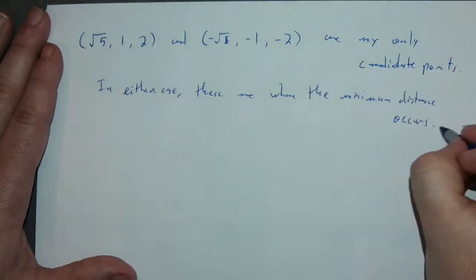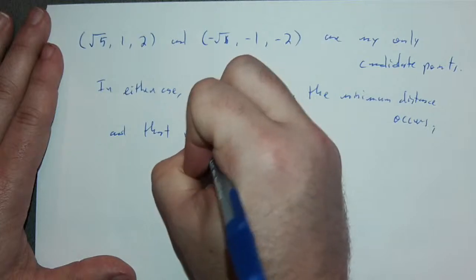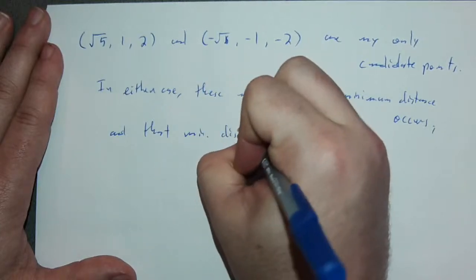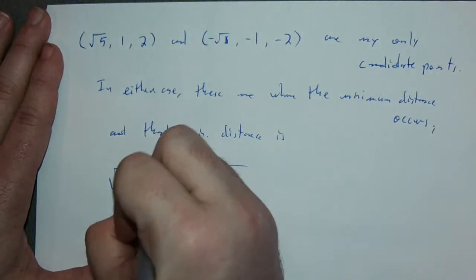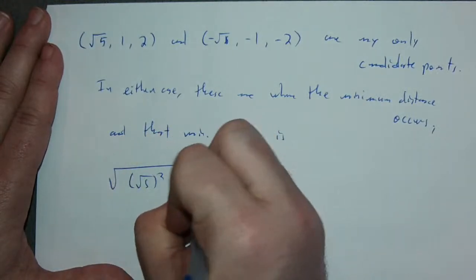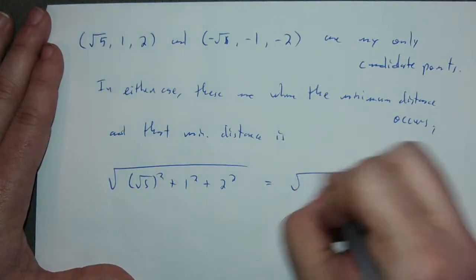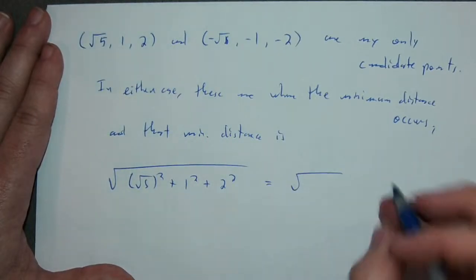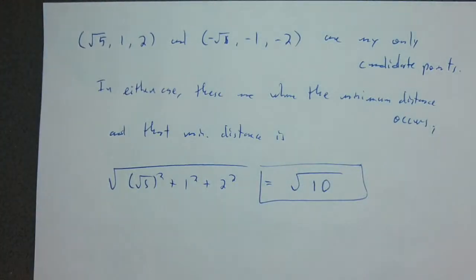And that minimum distance is square root of root 5 squared plus 1 squared plus 2 squared, which is square root of 5 plus 1 plus 4, square root of 10.